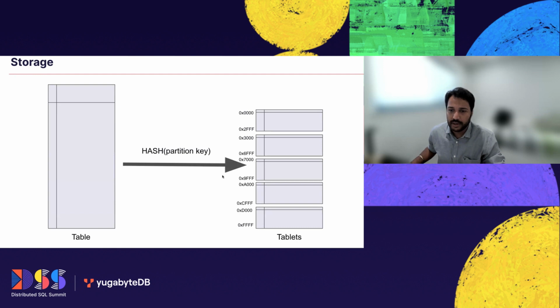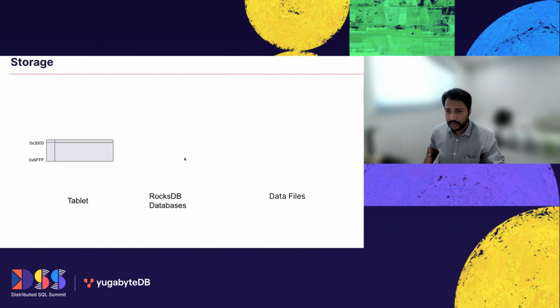Now, these tablets are partitioned based on a partition key that is specified at the time of the creation of the table. Now, for each tablet, the data is stored into a WAL, which we already discussed. As you're getting the write request, the data is stored in the WAL and in the mem store. So you have a copy of your data on the disk.